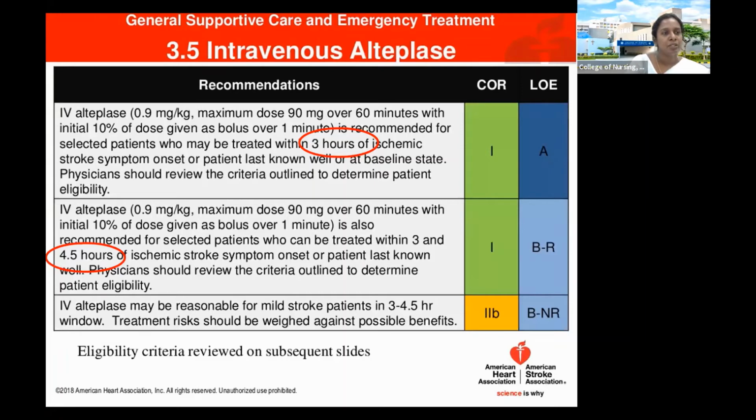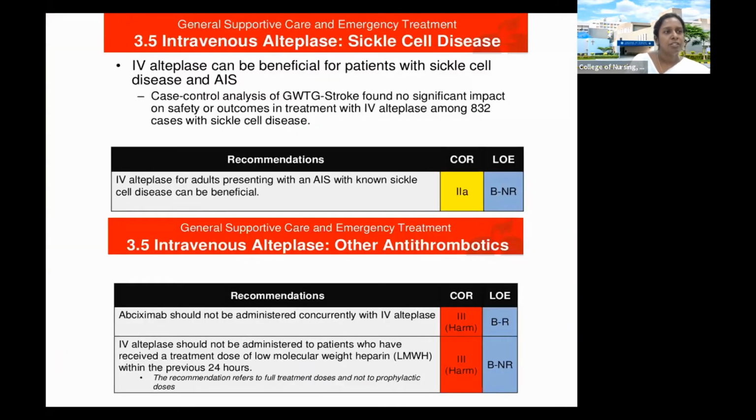The dosage I talked to you about is also the recommendation given by them. TPA can be given in patients with sickle cell disease. Other antithrombotics are not advised. Heparin is definitely not advised in the first 24 hours. It shows the class of recommendation, it is class 3, which is harmful for patients.